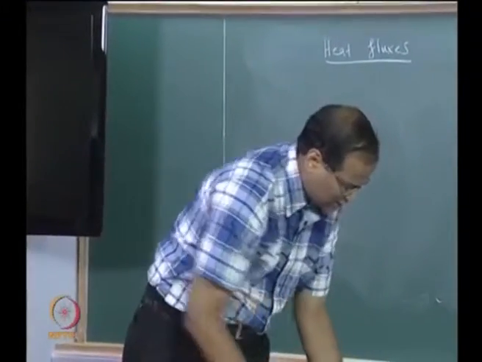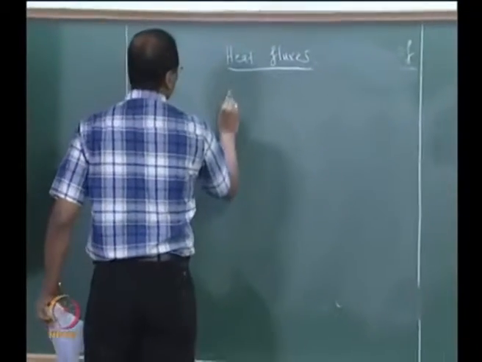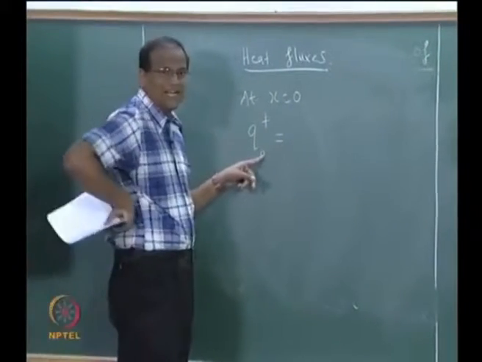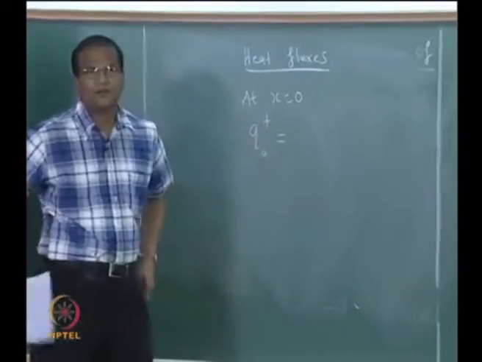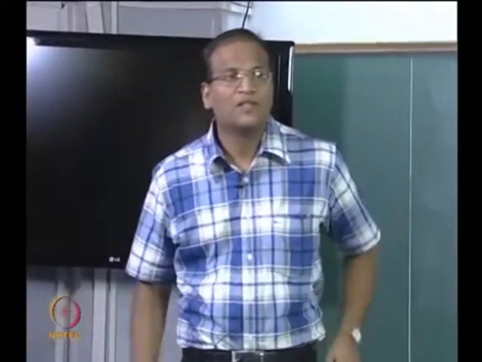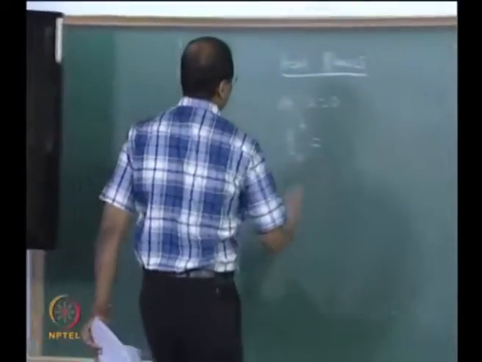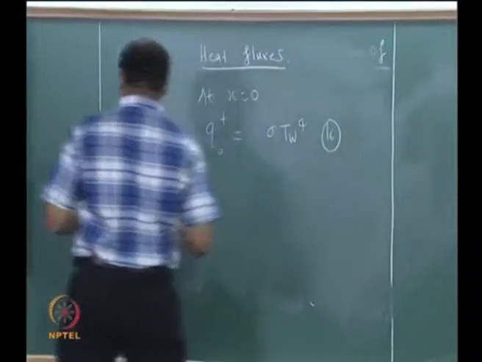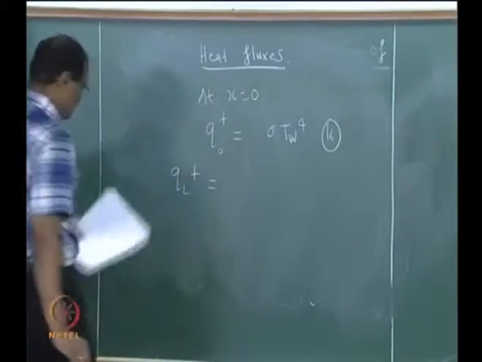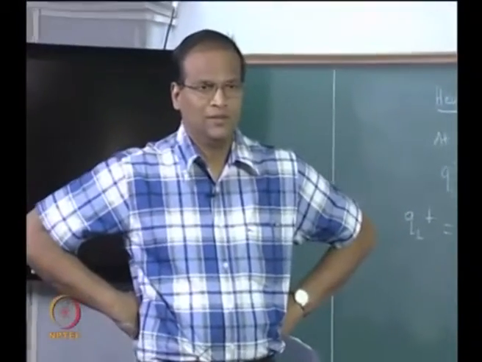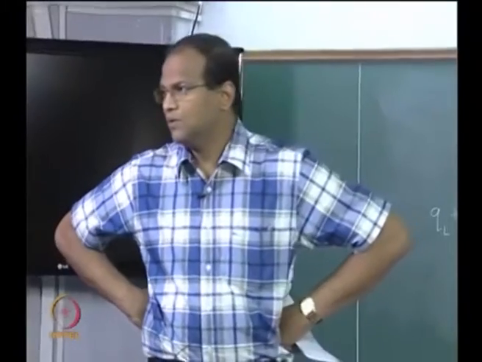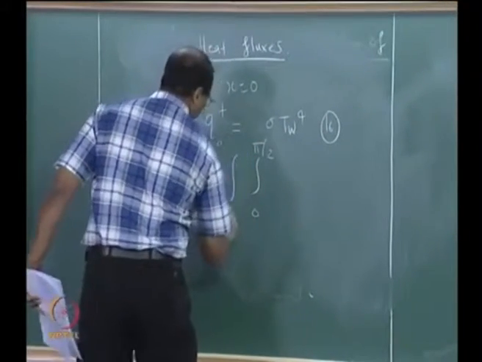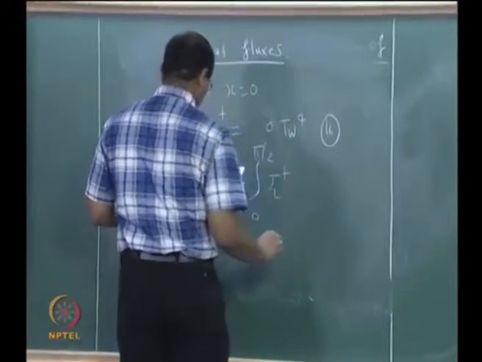Now if you have to write the heat flux at x equal to 0, which is going in the positive direction of x, it is given by sigma Tw to the power of 4, no problem. Q L plus will be IL plus.